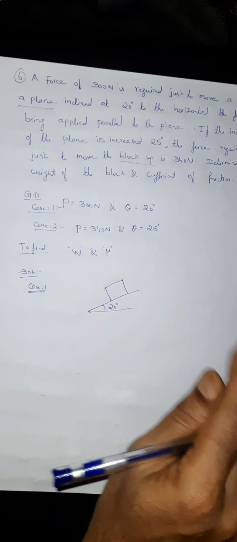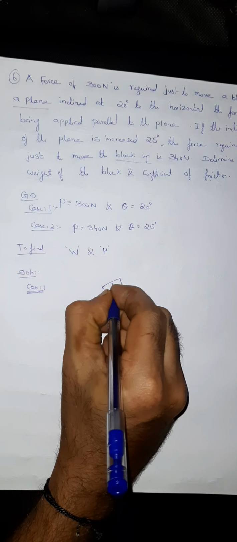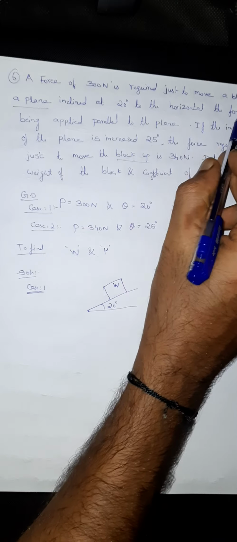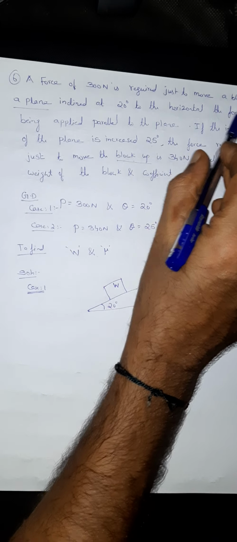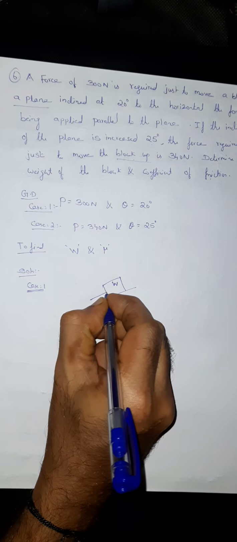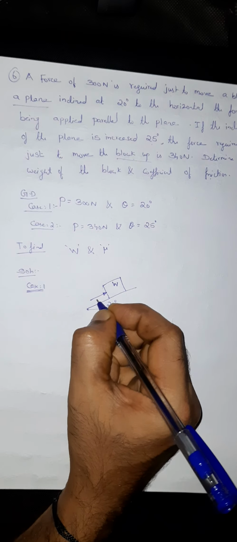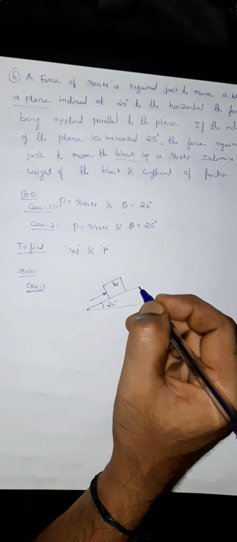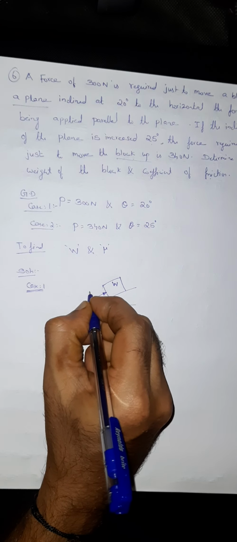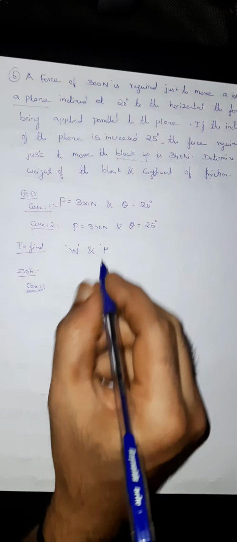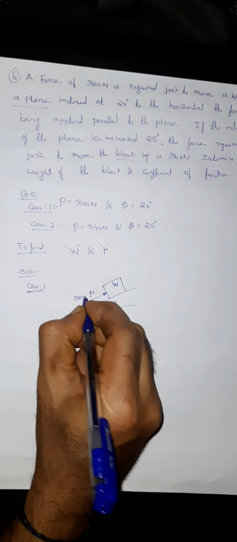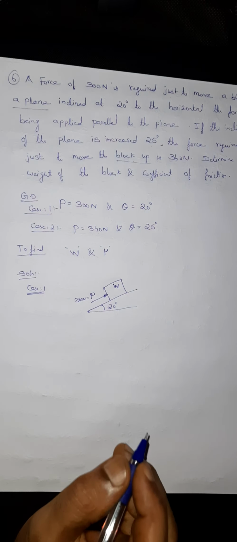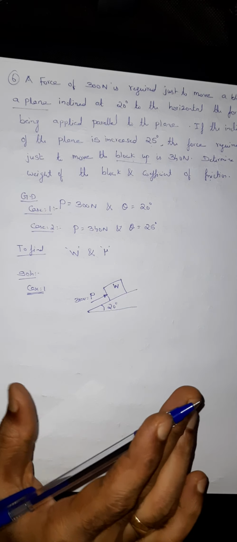Its weight is unknown, that is W, right? A force is applied to move the block up. That means you have to apply the force here, this is push. I take this as P, which is 300 Newton. So this is the drawing.